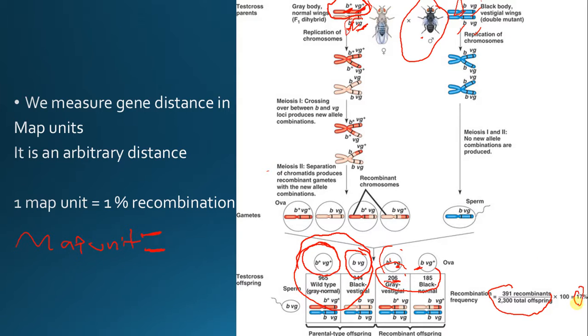So this is 17% recombination. We can say these 2 genes, B plus and VG plus, are 17 map units away from each other. If we had a higher recombination rate, like 30%, that means they're farther apart. It's more likely recombination is going to occur. If that was smaller, like 5%, that means recombination is less likely to occur.